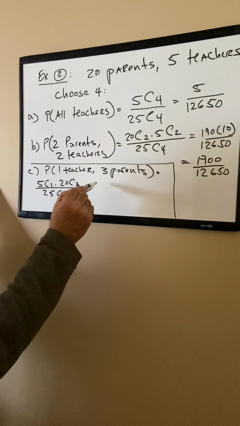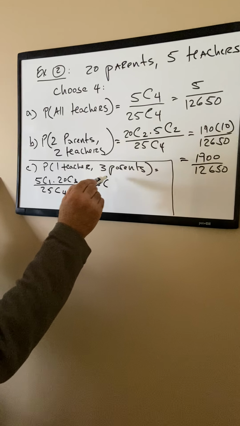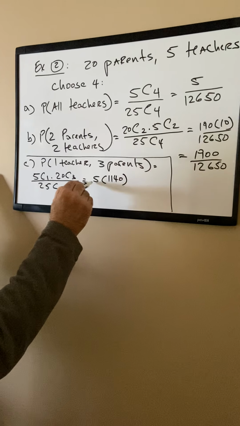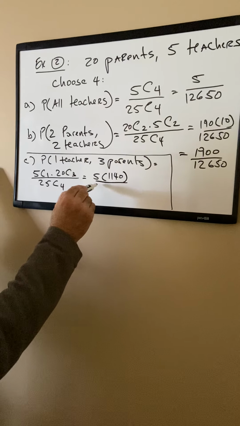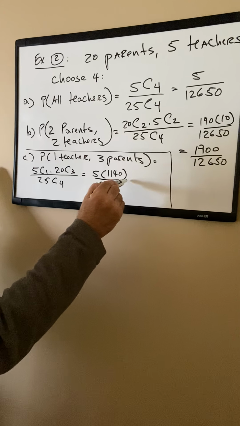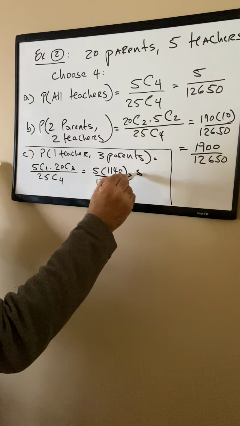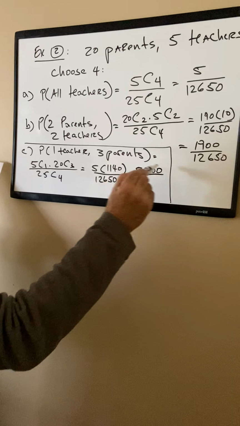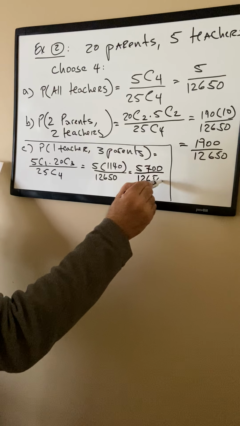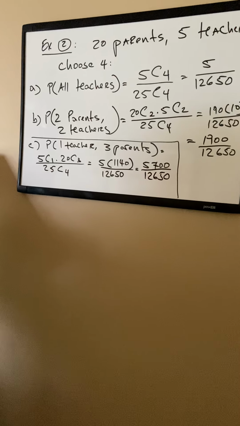So we're going to end up with the value 5 times 1140 divided by 12650. So we're going to end up with a ratio of 5700 divided by 12650 for example number 2.